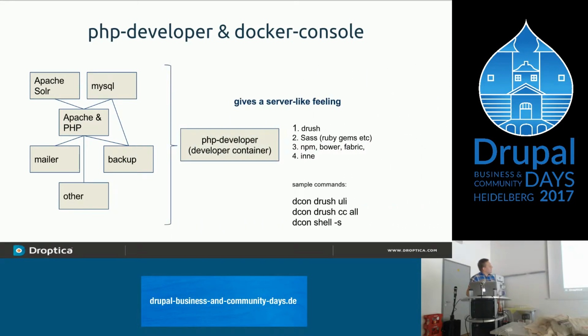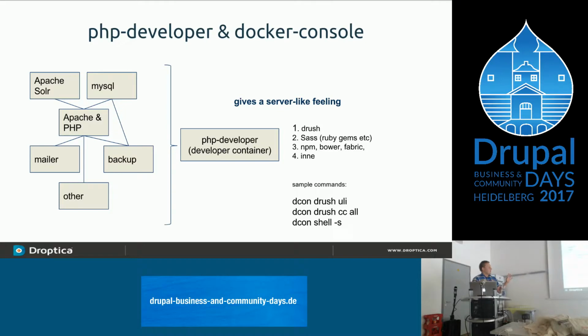We create another image, which is just a developer tool. We call it PHP developer. It usually contains Drush. It might contain Sass and some other Ruby gems for compiling, npm, Bower, Fabric, or whatever you might need. We also created our custom script, dockerconsole, which is a helpful tool for us to build.